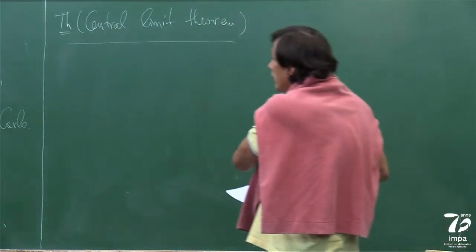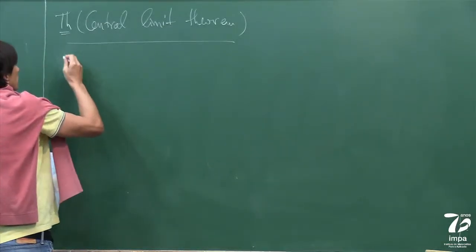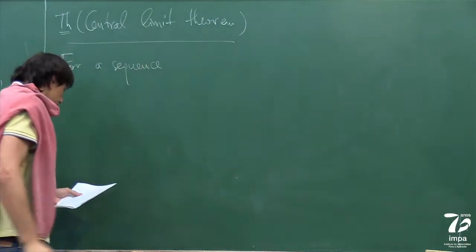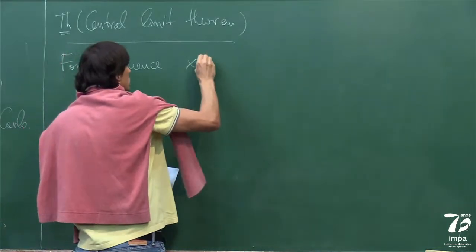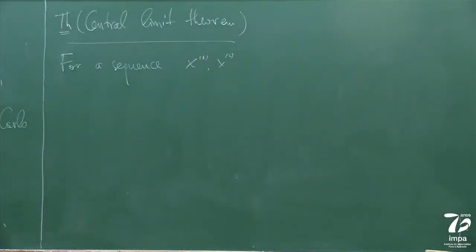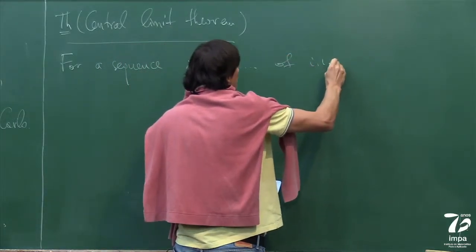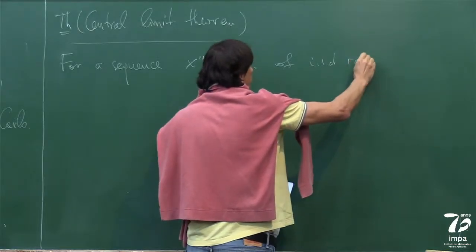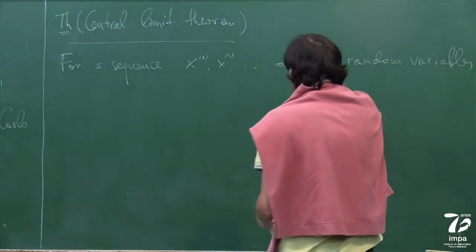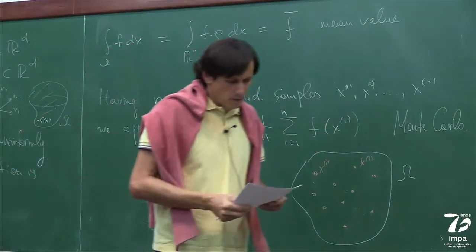This central limit theorem tells you that, in general, for an infinite sequence x1, x2, ... of IID random variables, I don't want to put lower indices because they were coordinates. These are exactly the IID random variables for which we take samples in order to compute the integral.